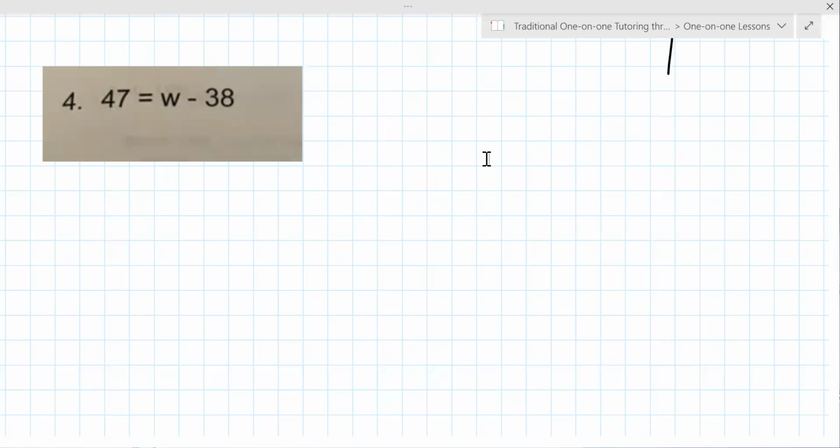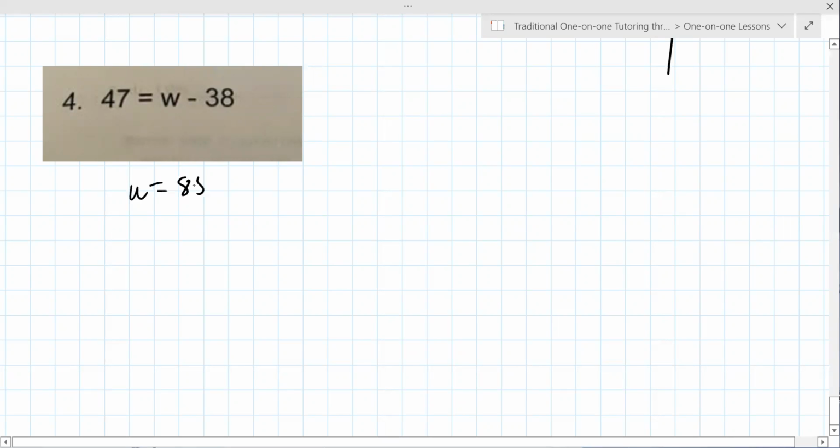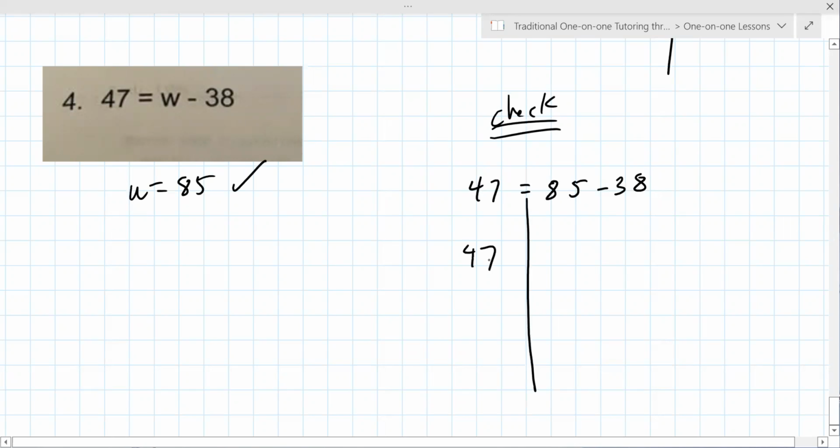I got 85, or W equals 85. Perfect. Yep. Always show your check. I got 47. Yeah.